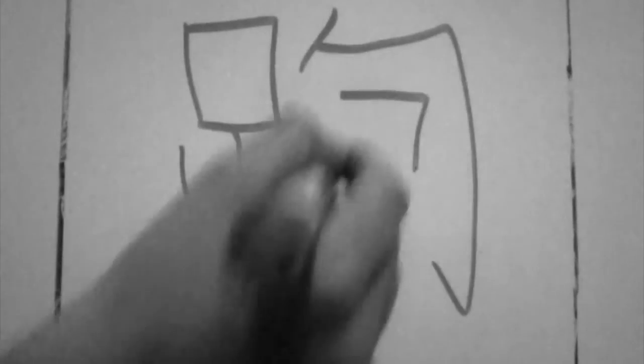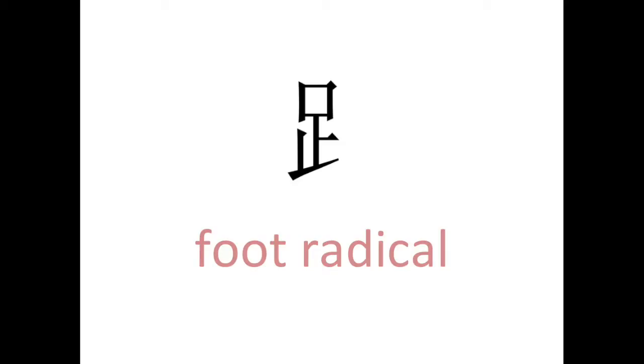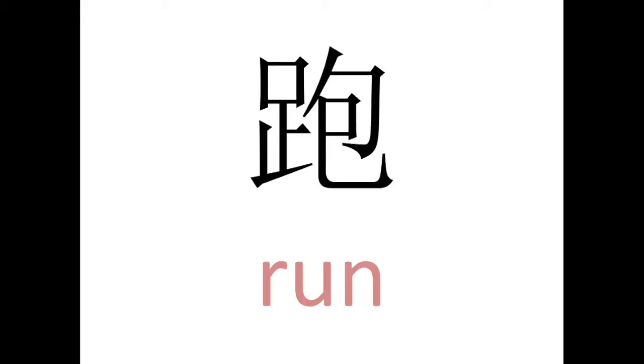The part on the left is a radical for foot, which kind of makes sense. It has a base and these sort of toes coming out of it. And then the part on the right, I don't know if someone would traditionally teach it this way, but because I see it, I'm going to teach it to you this way. I'm going to say that there are two radicals there.